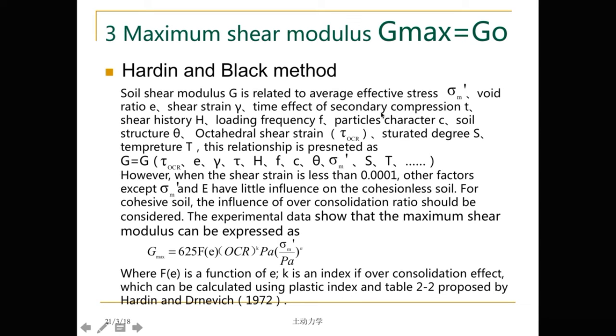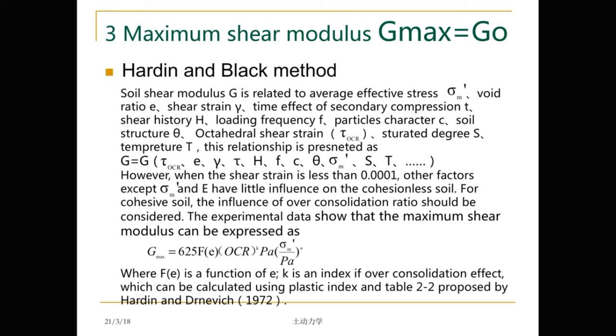Here I explain that the time effects of secondary compression exist because in the soil after consolidation the effective stress will not change. In this condition, the strain will continue to develop very, very slowly. We define it as due to the creep, C-R-E-E-P, creep properties of any material.